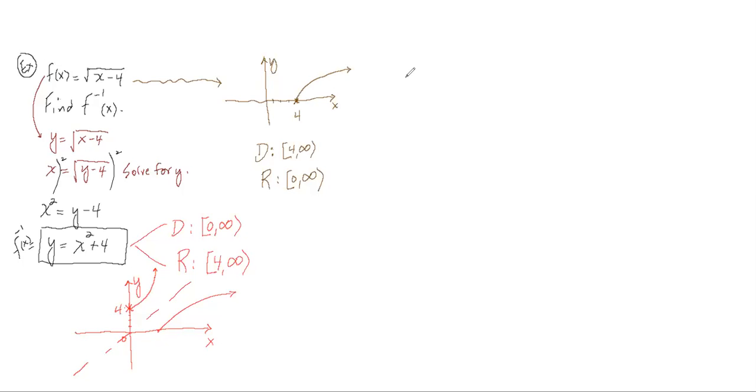Okay, let's look at the next problem. f of x is equal to x squared minus 2x. g of x is 2x squared minus 3.